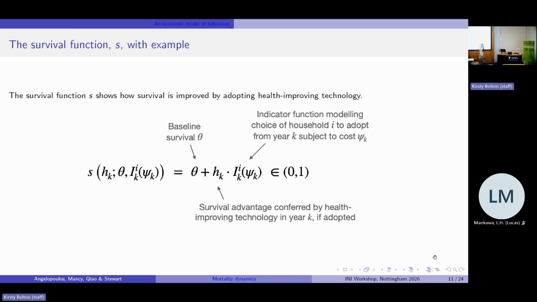If you adopt the health improving technology, then you get a survival advantage, HK. But in order to do that, you need to pay a cost, psi k. This is the indicator function that tells you whether you've chosen to do that or not.